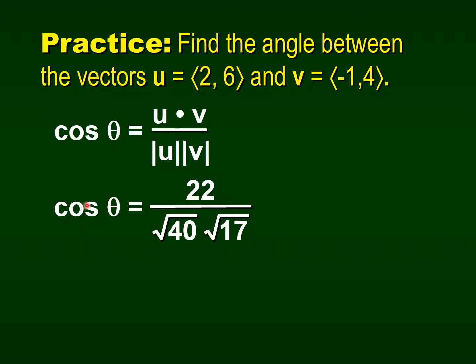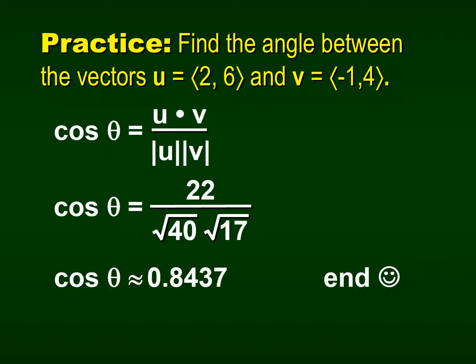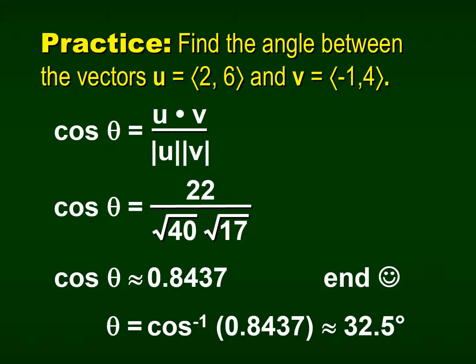So now I have to do the cosine inverse of each side. 22 divided by the square root of 40 times the square root of 17 is 0.8437. So now I'll do cosine inverse of each side, and that means that my theta is equal to 32.5 degrees.